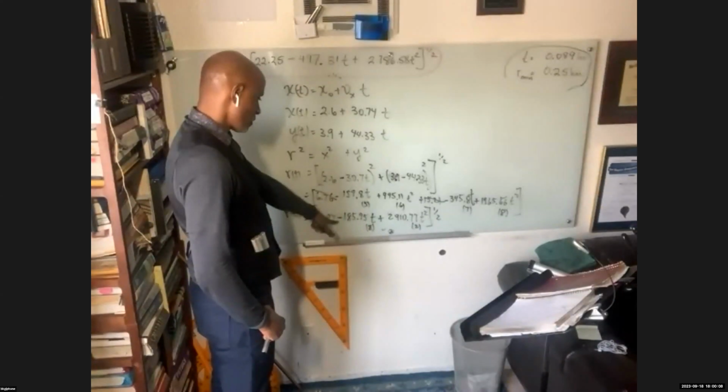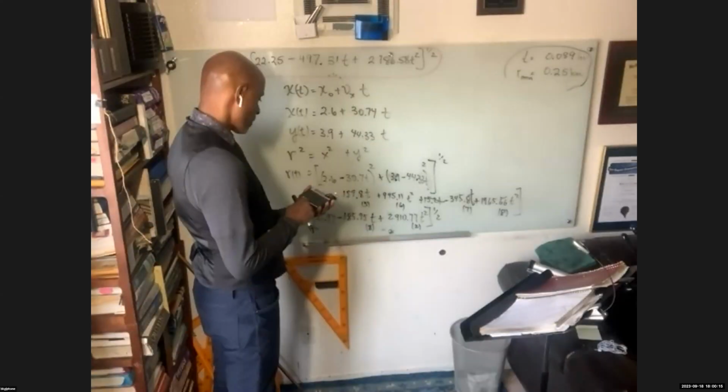Oh, Professor. The 159.8 T, it was a negative. I think it was negative. It's a 185, the negative 159, and negative 345. Oh, my bad. Okay, you're right. Thank you for catching that.